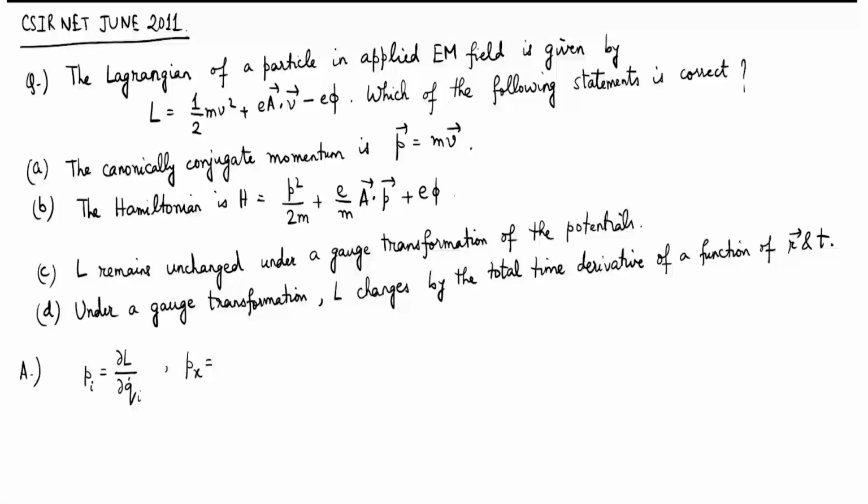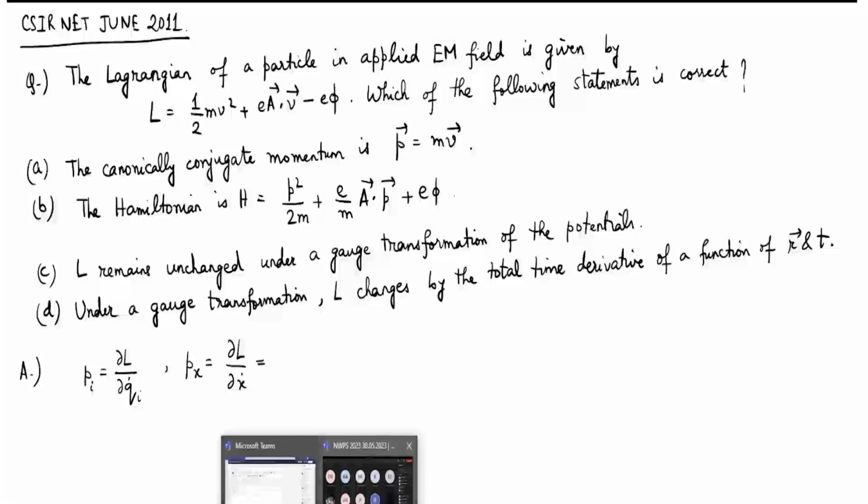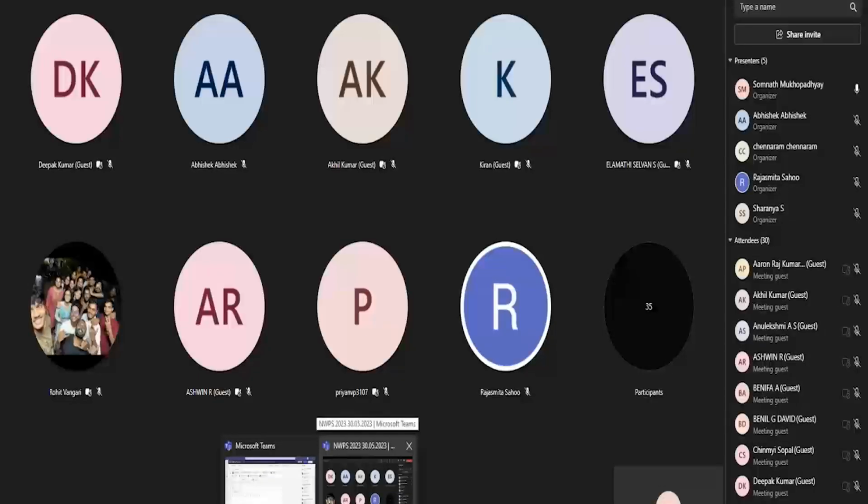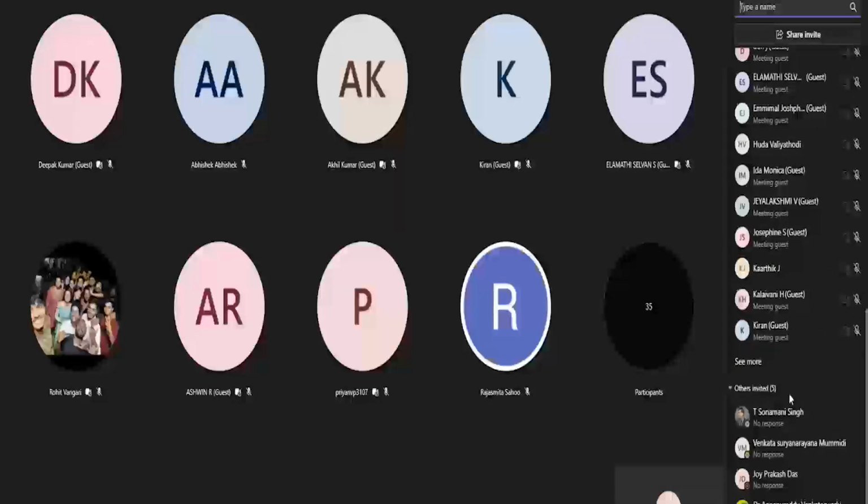What is Px? Px is del L del x dot. So what is that? What is del L del x dot?